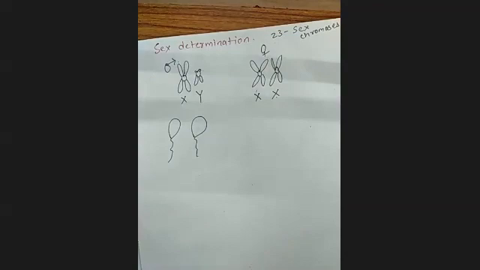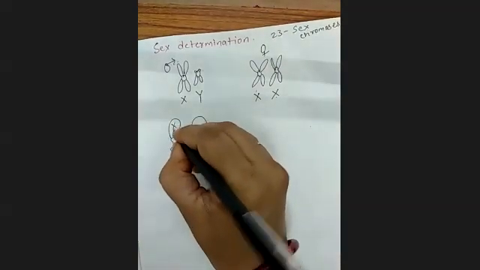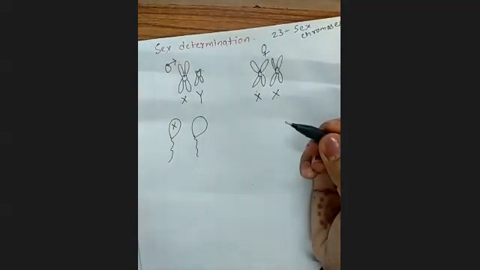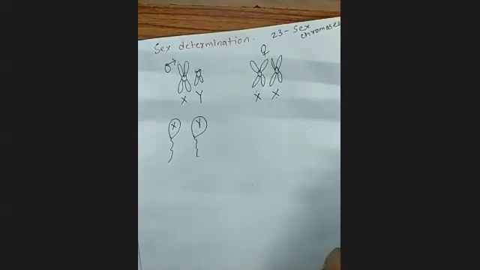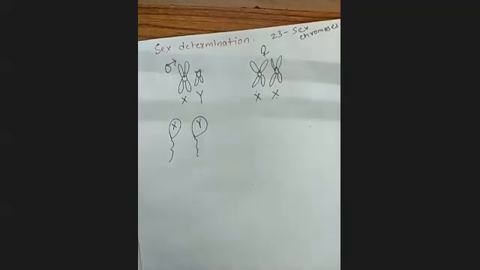Out of this, 50% will have this type of chromosome, and 50% will receive this. Is it clear to you? Yes, ma'am. They are millions. When sperms are produced, they are millions in number. So out of these millions, 50% will receive only the X chromosome and 50% will receive the Y chromosome. Understood?